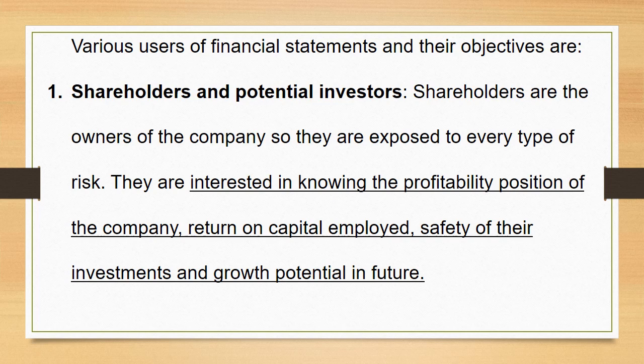They are interested in knowing the profitability position of the company, return on capital employed, safety of their investments and growth potential in future. Then only they would like to continue with the company. If they find that the company is not doing good, they may look for disinvestment and try to invest in better prospects.